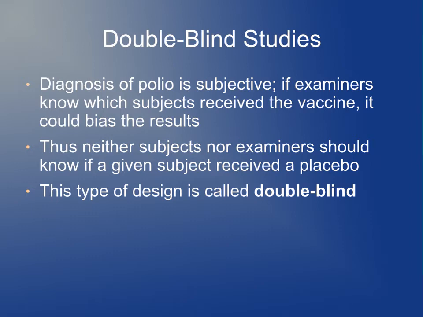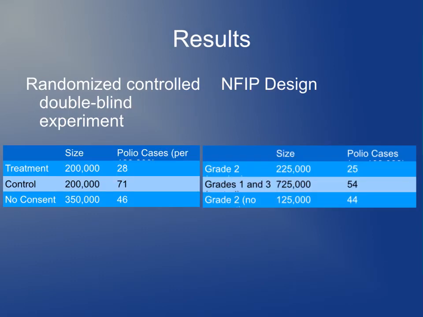So to avoid this possibility, under the optimal study design, neither the subject nor the examiner should know if a given subject received the placebo. And this type of design is called double-blind. So in other words, neither the children nor the parents nor the people examining the children for polio know whether the children received the live vaccine. That minimizes the possibility for bias.